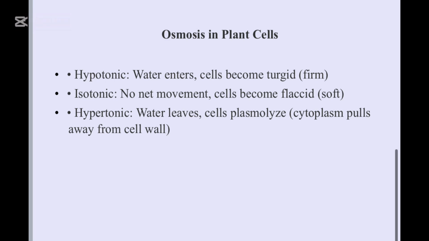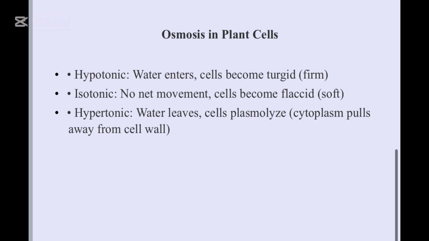It is the process in which water leaves a plant cell and the cytoplasm is pulled away from the cell wall, which means the plant cell has become plasmolyzed when placed in a hypertonic solution.